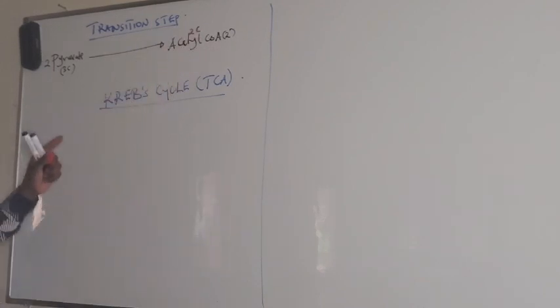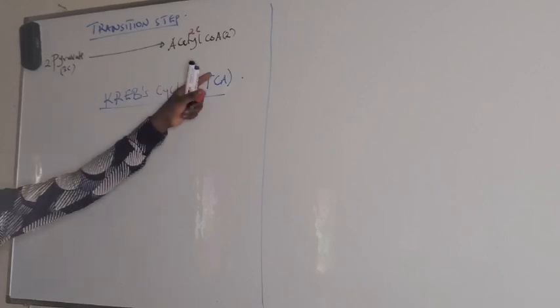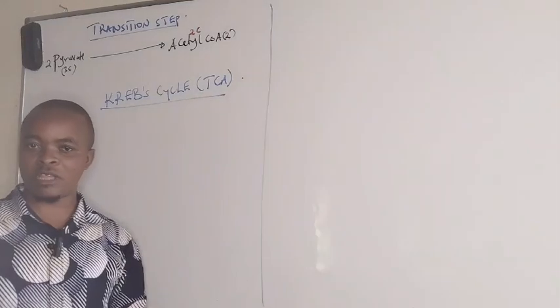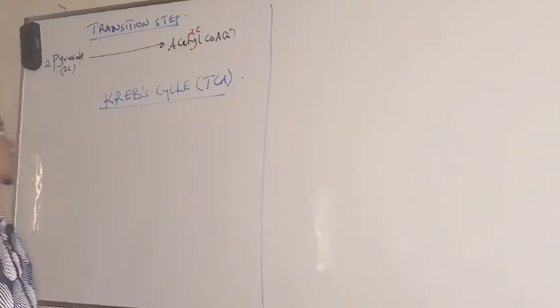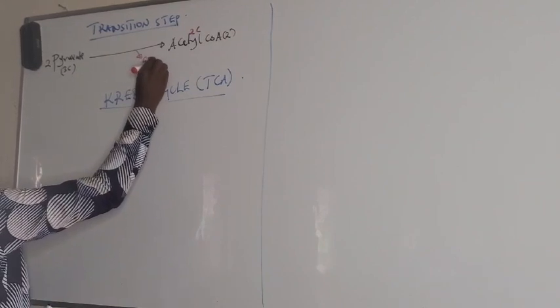So converting a 3-carbon sugar to a 2-carbon sugar, we are doing a process known as decarboxylation, whereby we are removing carbon. There is release of carbon in the form of carbon dioxide, and there are 2 molecules of them.